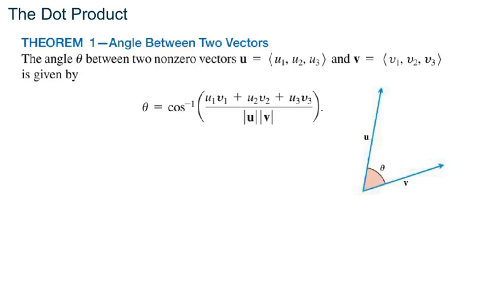If we are given two vectors, say vector u, and remember we talk about a vector with a bold lowercase letter, so vector u and vector v, we can calculate the angle theta between those vectors.